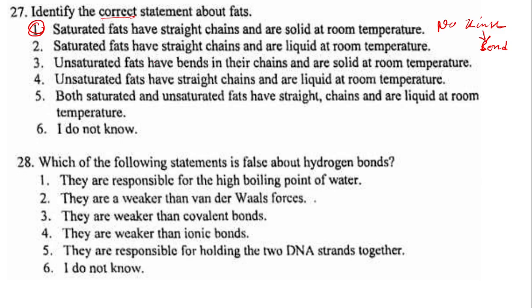Not having a kink and appearing in a straight chain, they tend to be so much compacted together. If the molecules are closely packed, then that simply means these fats are solid at room temperature.